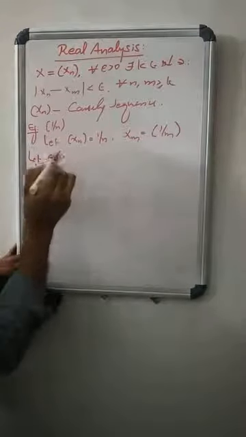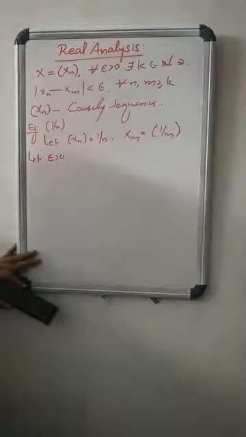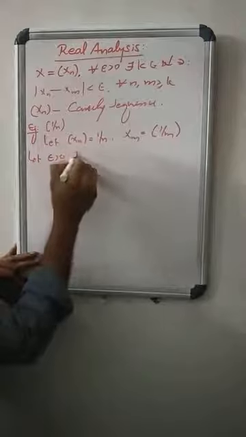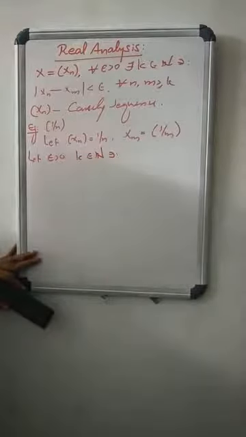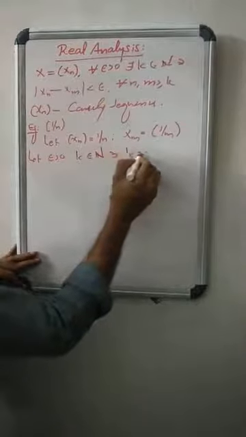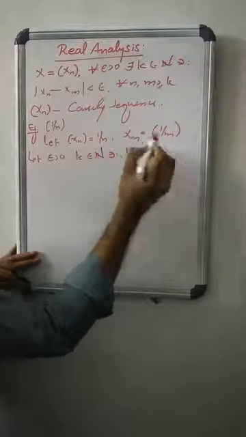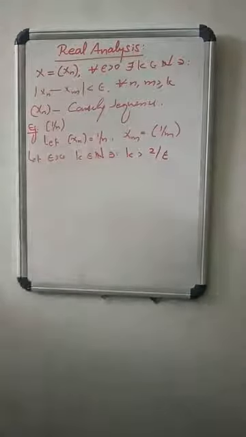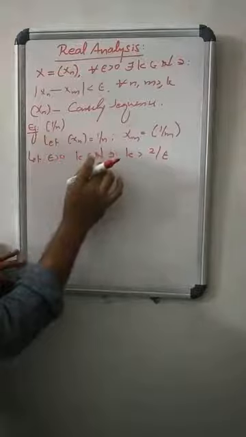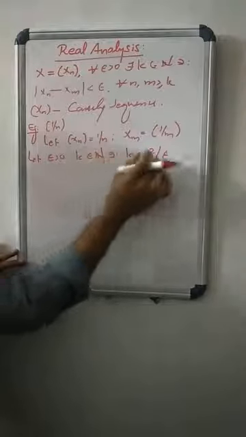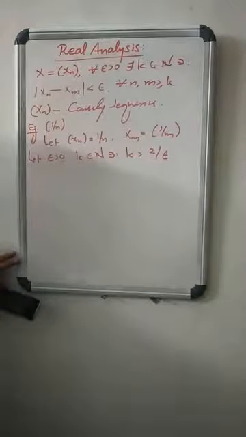Then choose k in the natural numbers such that k is greater than 2 by epsilon.